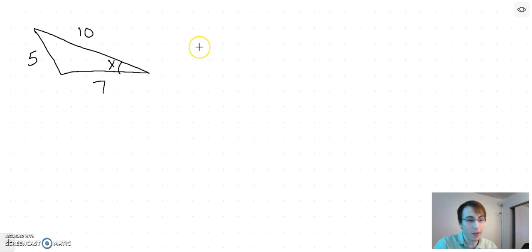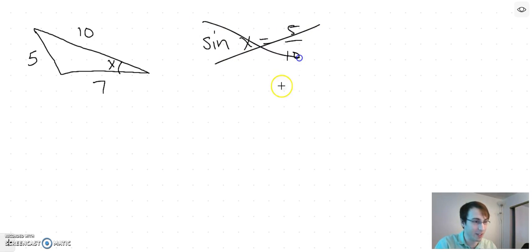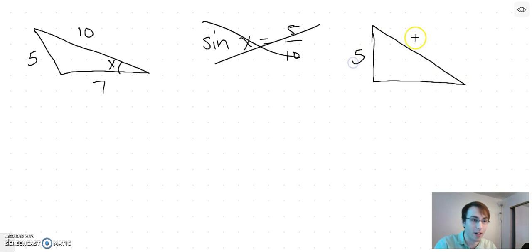What you don't want to do is say that sine of x equals 5 over 10. That's not what you want to do, because that only works if you've got a right triangle with 5 and 10 and this being x.